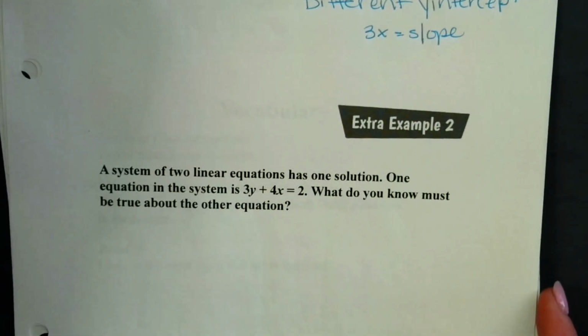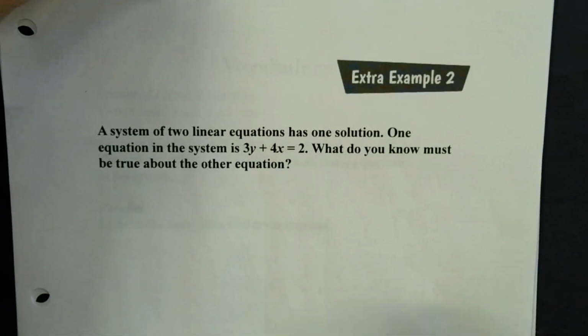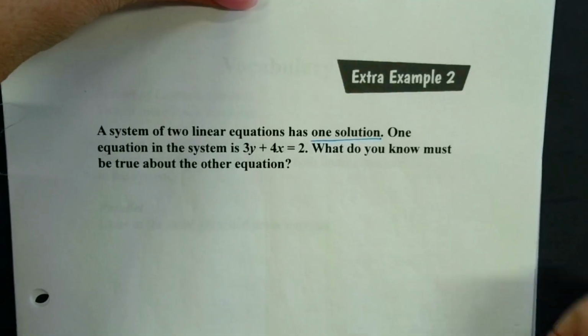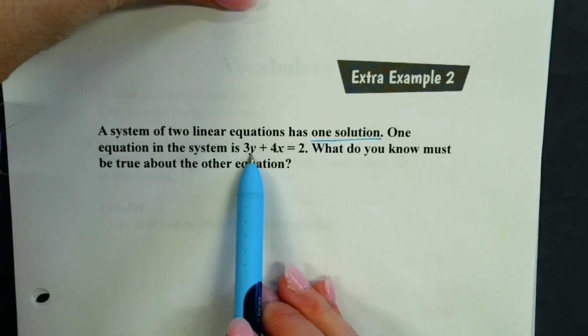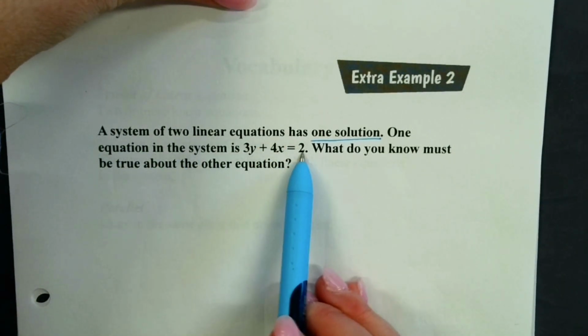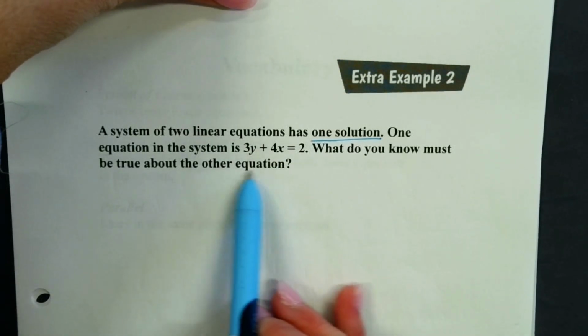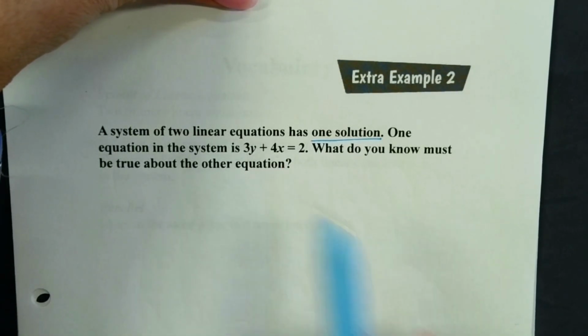All right. A system of two linear equations has one solution. One of the equations is 3y plus 4x equals 2. What do you know must be true about the other equation? Okay.